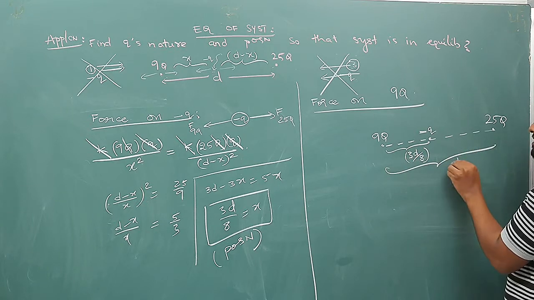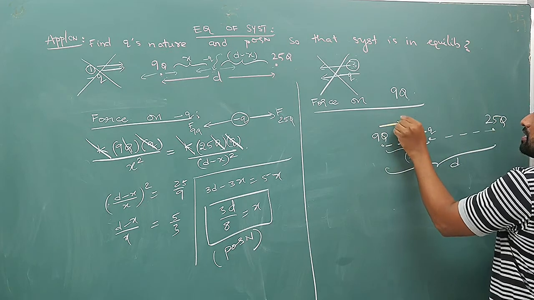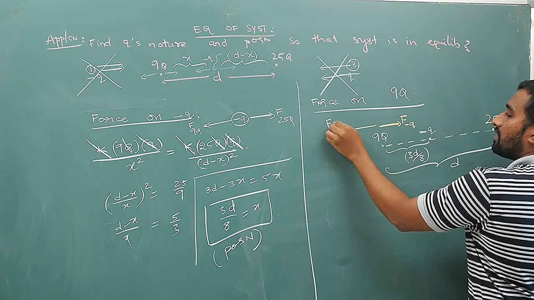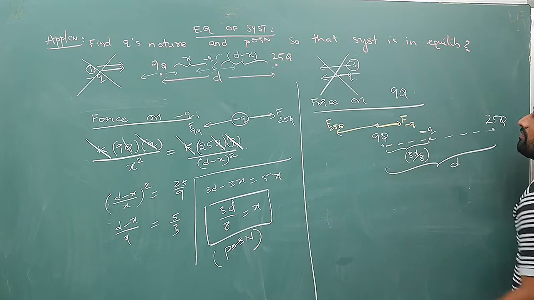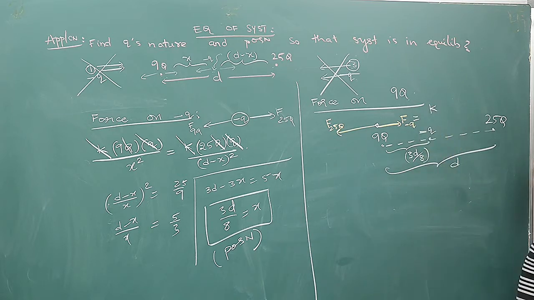From here to here the distance is d. Now if you are considering 9q, because of the minus q charge there is attraction, because of the 25q charge there is repulsion.